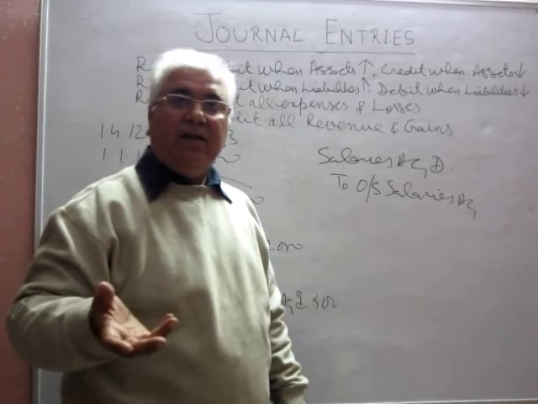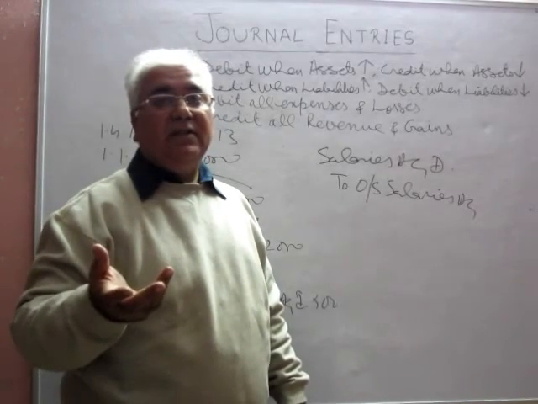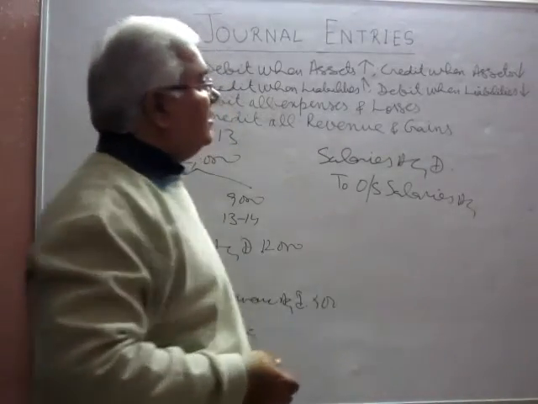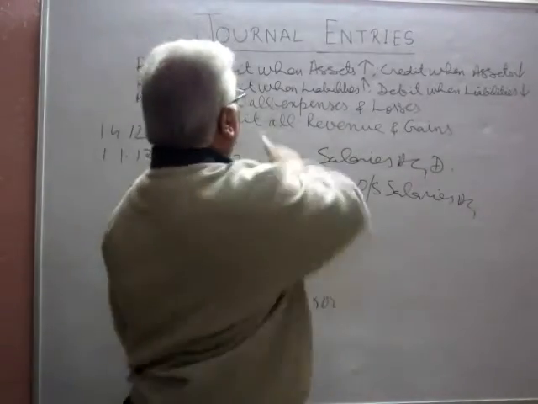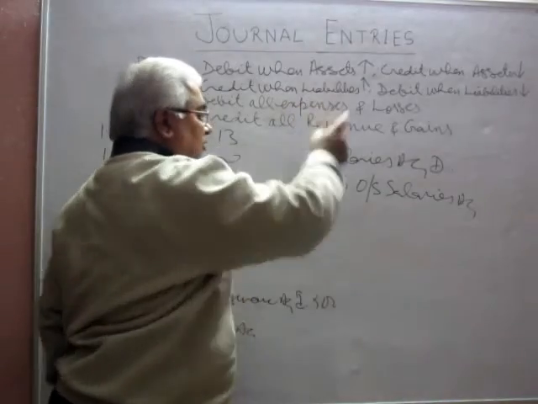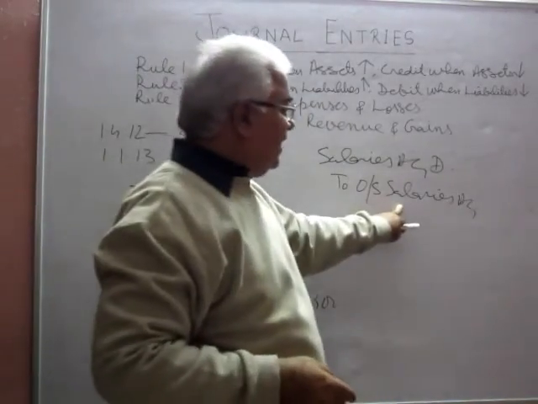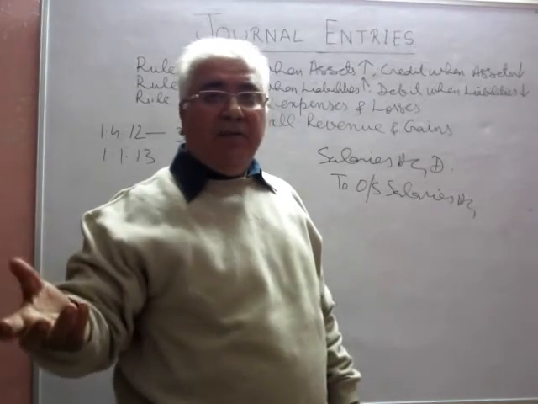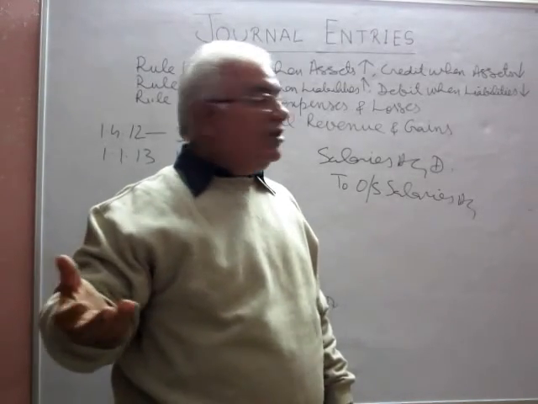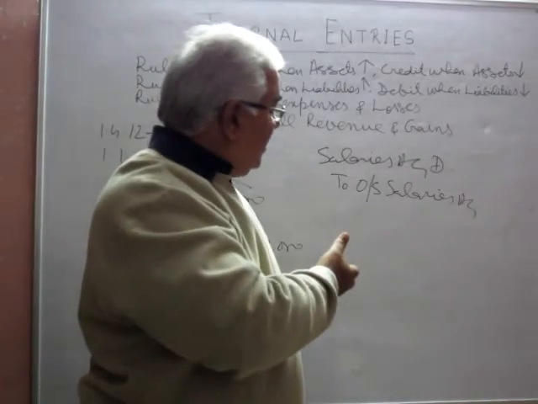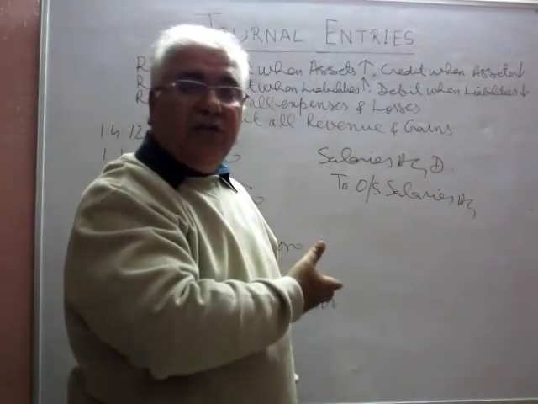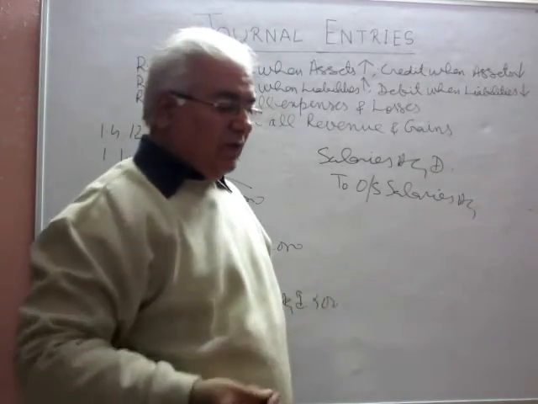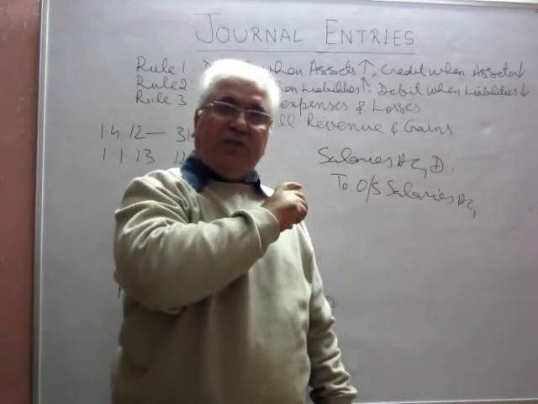It's a liability. So rule for liabilities is credit when liabilities increase. So in this case, outstanding salaries is a liability account. It is being credited. If you have not paid rent, for example, your entry will be rent account debited to outstanding rent account. Okay? So I think you have understood this.